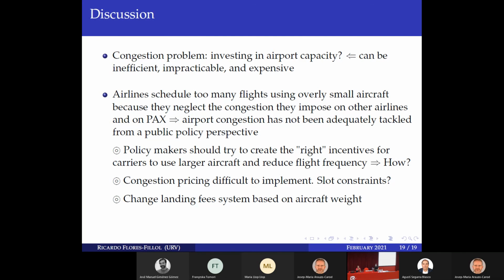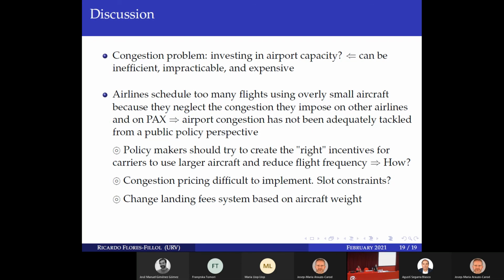Of course, when you reduce frequency and you increase aircraft size, the service you provide is worse. This is something that I didn't mention, but in terms of demand, your service is worse because passengers like frequency. There is a concept in transportation economics called schedule delay, which means the gap between your preferred departure time and your actual departure time.